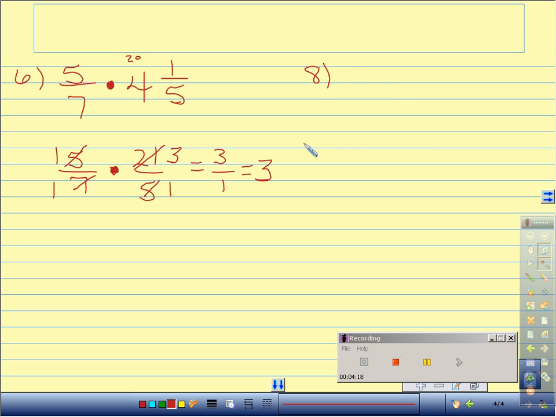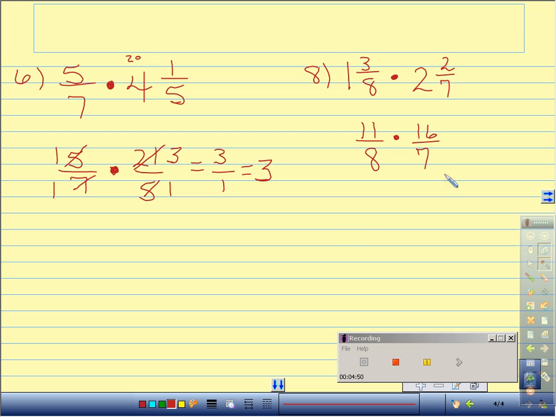Number 8. 1 3/8 times 2 2/7. 8 times 1 is 8, plus 3 is 11 over 8. Again, we're changing these mixed numbers to improper fractions. 7 times 2 would be 14, plus 2 is 16 over 7.